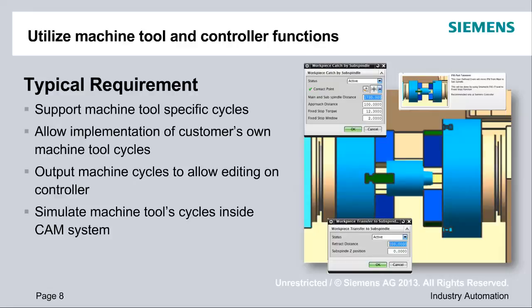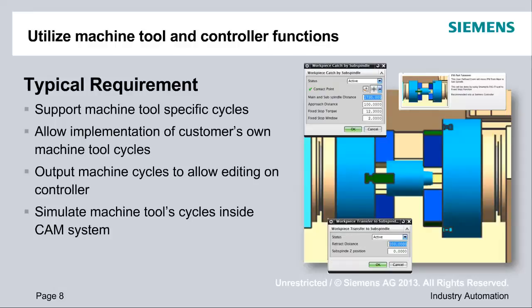It's not limited. I want to show this on a Numeric controller with this travel to fixed stop functionality, which is not an NX feature. It's a feature from the real machine tool. It's a feature from the controller. But I want to show you how you can implement such functionality inside NX and control it inside NX.